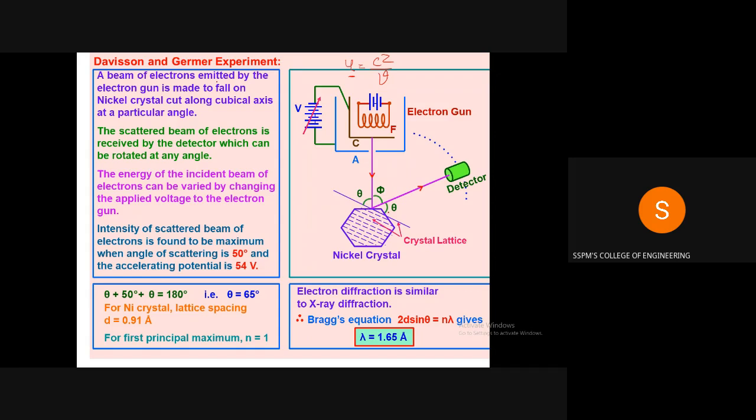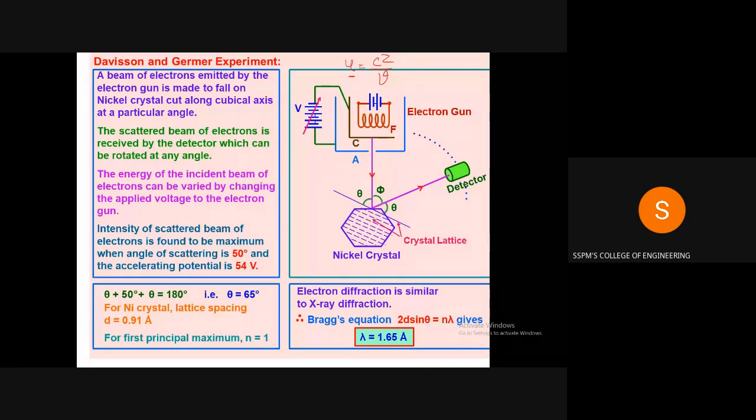What is glancing angle? Glancing angle is the incident angle made by the beam of electrons, or the incident electrons, with the set of parallel planes. That is called glancing angle. Glancing angle is itself the angle of incidence.